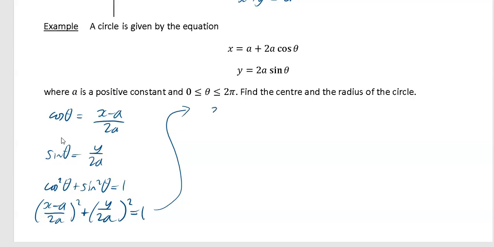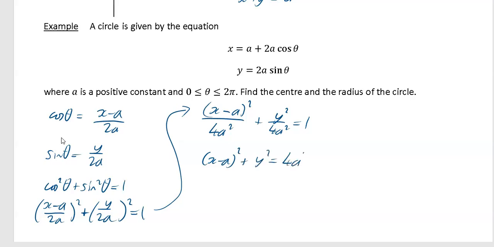Okay, if you do that out, you're going to get x minus a all squared over, square the bottom line, 4a squared, plus y squared over 4a squared is equal to 1. And then if you multiply through, you're going to get x minus a all squared plus y squared is equal to 4a squared.